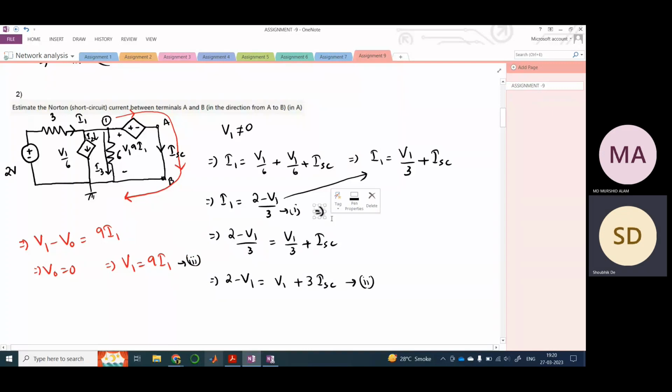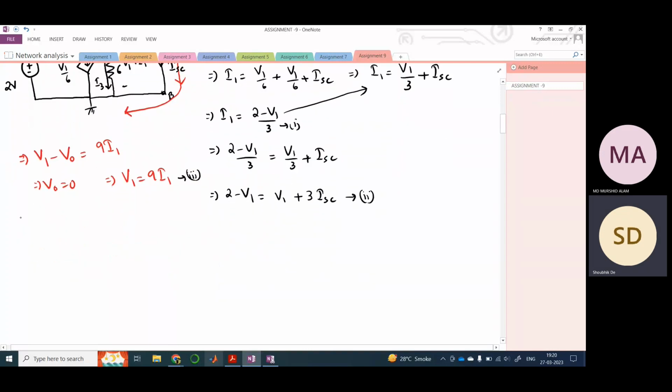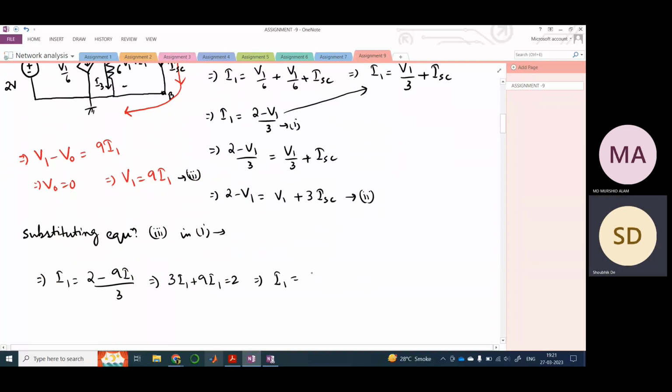Substituting equation 3 in 1, I1 equals 9I1 minus 3 by 3. So this would be 3I1 plus 9I1 equals 12, 2. Therefore I1 would be 2 by 12 ampere, therefore 1 by 6 ampere.